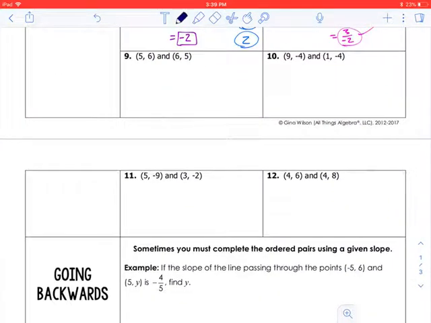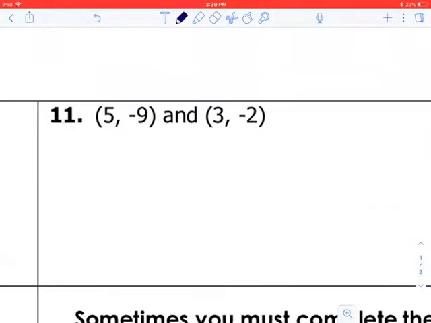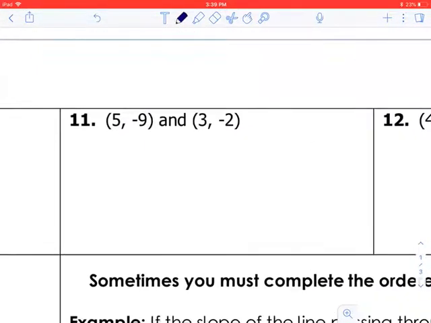So let's just do one for example real quick, like number 11. I'm still doing the slope equals y minus y, so negative 2 minus negative 9 over 3 minus 5.